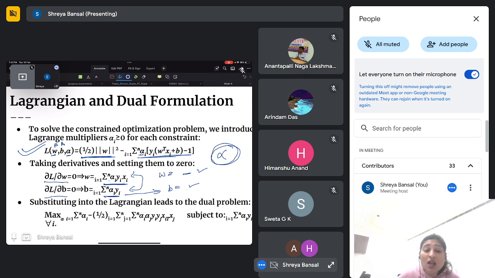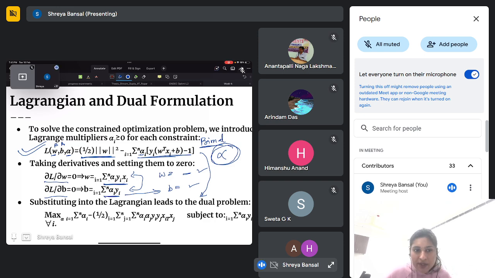Whenever we have this problem, this is the primal, if you know about optimization. Now we convert it into the dual so that we can get the optimal value of alpha. Again, listen: sometimes we have an optimization problem with constraints, so to solve it we use the Lagrange multiplier. For the Lagrange formulation, we add one more parameter, alpha.